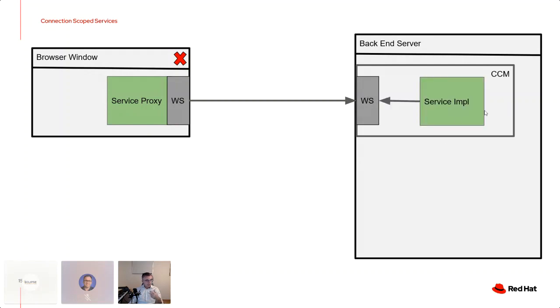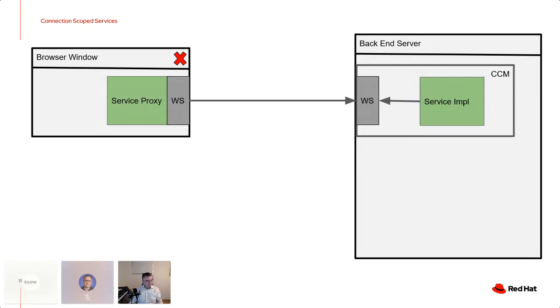And now, if we create service implementations, the service implementations will need a WebSocket to communicate over. And they will get this WebSocket injected inside this connection container module, we call that. The connection container module is a container module that will be invoked, and remember it is a function, so it will be invoked each time with a different container that already has that WebSocket connection in there.